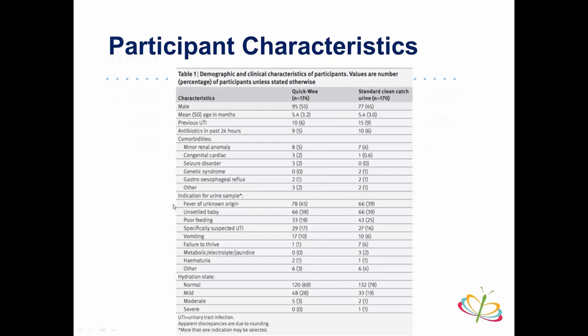So if they had a fever of unknown origin, unsettled baby, which is likely a fussy baby, poor feeding, a suspected UTI, vomiting, failure to thrive, metabolic, electrolyte, or jaundice, hematuria. Again, if you look, fairly equal, a slightly greater fever of unknown origin in the quick wee, but fairly equal between the two arms.